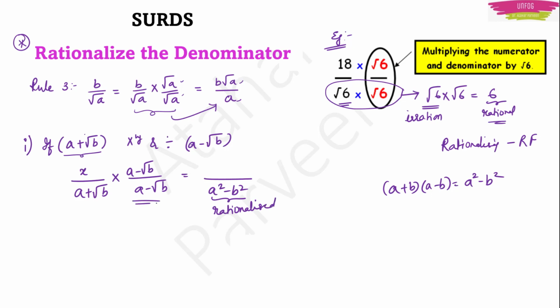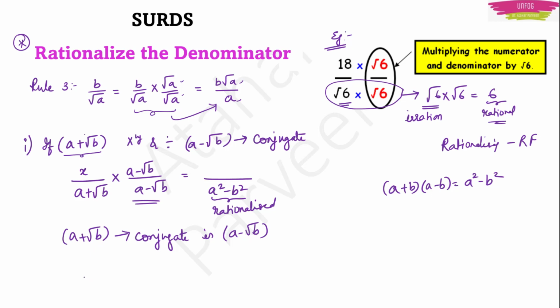For that what I did, I multiplied and divided with some number which you call a conjugate or a rationalizing factor. So a minus root b is a conjugate of a plus root b. What is the conjugate of a plus root b? The conjugate or rationalizing factor is a minus root b. Actually, rationalizing factor means they both are rationalizing factors of each other.